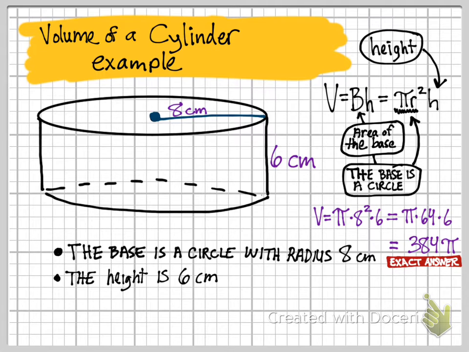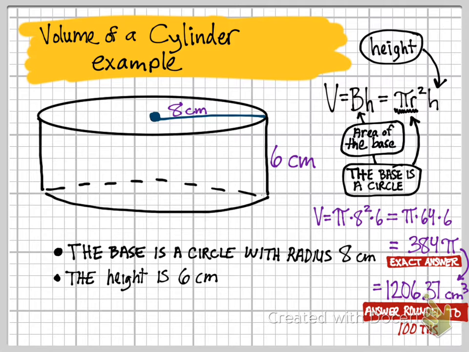If I want to find the answer as a decimal, rounded to the nearest hundredths place, I use my calculator and type in 384, and then I hit shift and hit the pi button. And when I hit the SD button after that, the rounded off answer on my screen will be 1206.37 centimeters cubed. That means 1206.37 cubes that are 1 centimeter by 1 centimeter by 1 centimeter will fit into our cylinder.